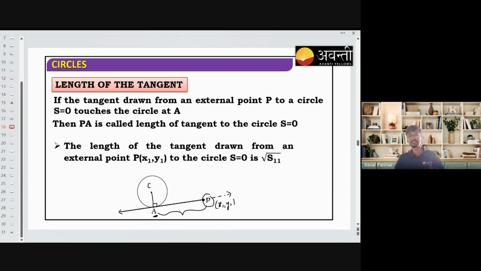Now how to find the length of a tangent? It is very simple. We just use the formula under root of S1. I hope you remember what is S1.